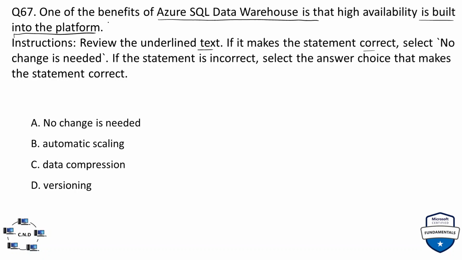So options are A, no change is needed, which means that the statement is correct, that SQL Data Warehouse has built-in high availability. Option B, automatic scaling, C, data compression, and D, versioning. And the correct option is A, that the benefit of Azure SQL Data Warehouse is that high availability is built into the platform and you don't need any change.